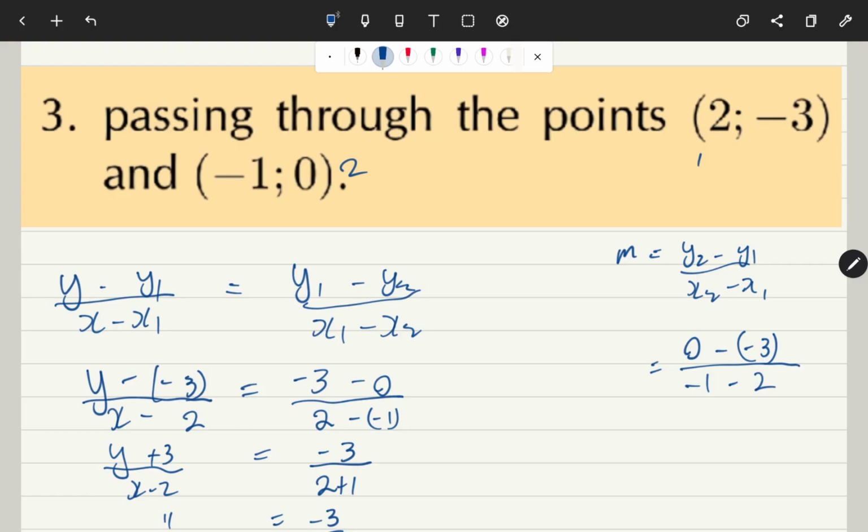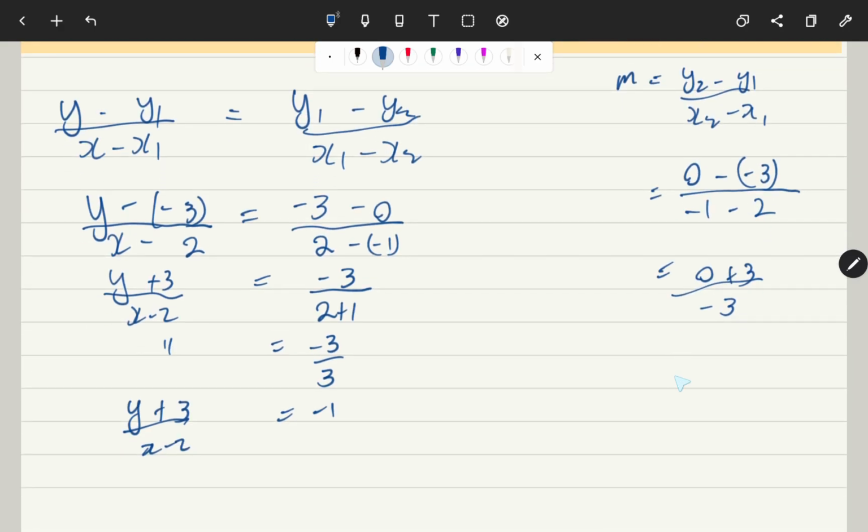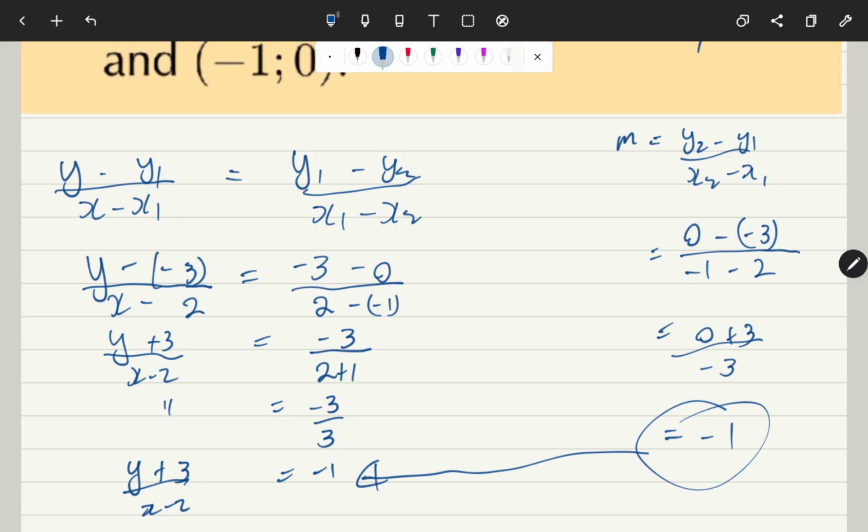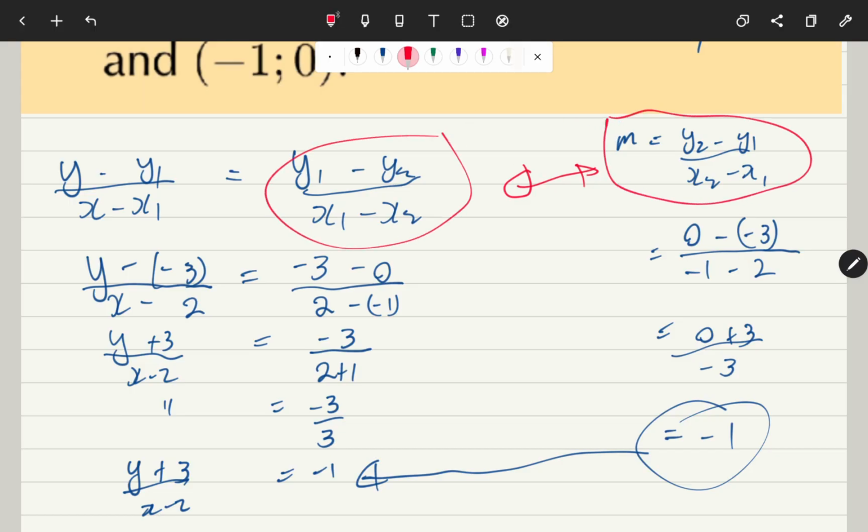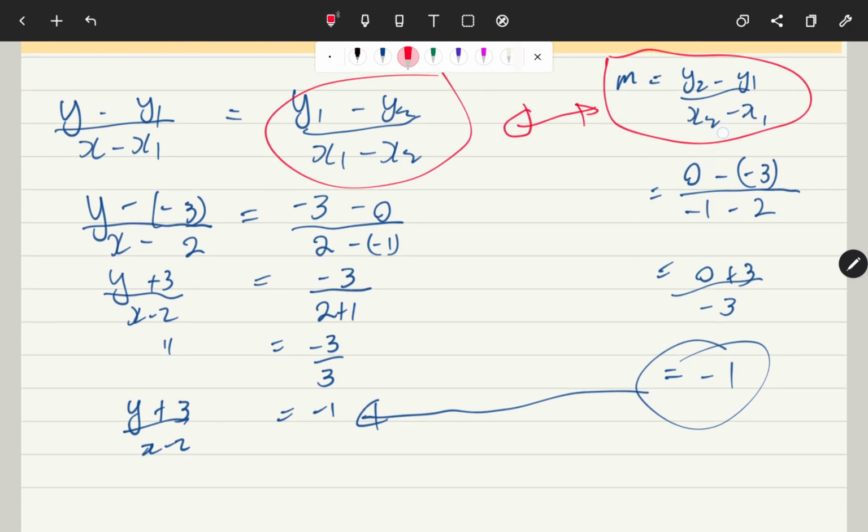If I use this formula, I end up with minus 3 over 1... exactly minus 1, like we had here. So I'm emphasizing that it doesn't matter which formula you use for your gradient, this one or this one. As long as you don't make any mistakes, you're going to get the answer.